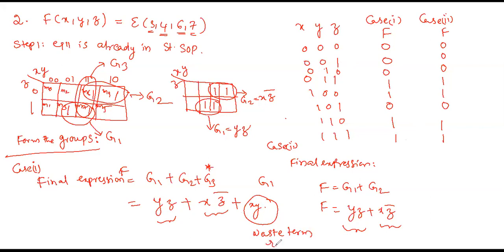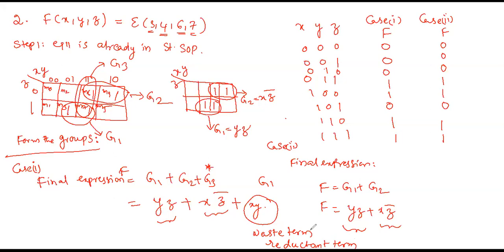The technical term is redundant term. There is no use of the term G3. Whether you keep G3 as it is or you remove it from the final expression, the output does not change. So this is called a redundant term.